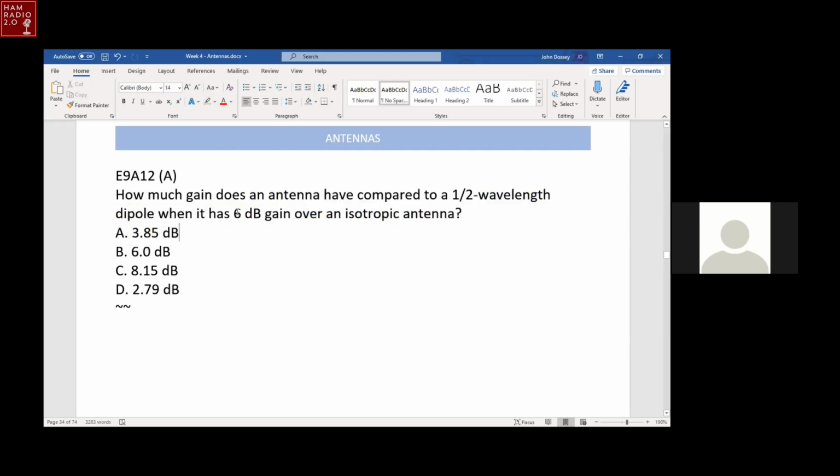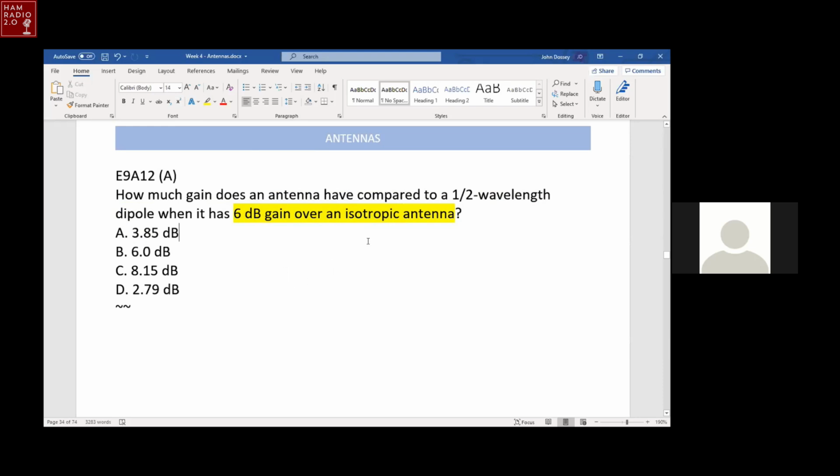We'll start over. An antenna has 6 dB gain over an isotropic antenna. Okay. The half-wave dipole has 2.15 over an isotropic. You remember that? Yes. Okay. So that means that the dipole, this antenna we're talking about has 6 dB over isotropic.